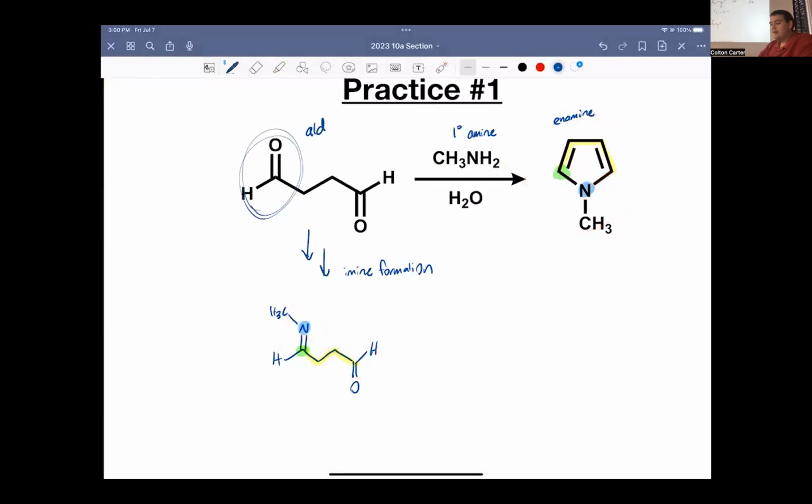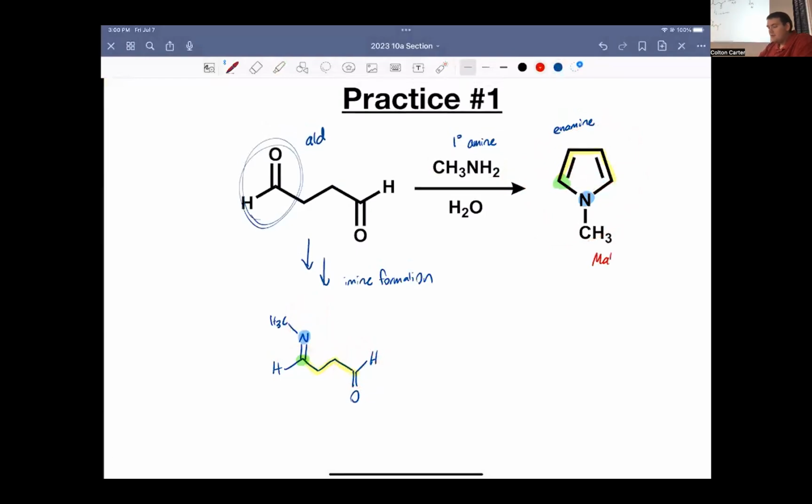So what I know is we need to make a sigma C–N bond. And also, we go from an open chain to a ring. So how do we form rings? What type of reactions form rings?